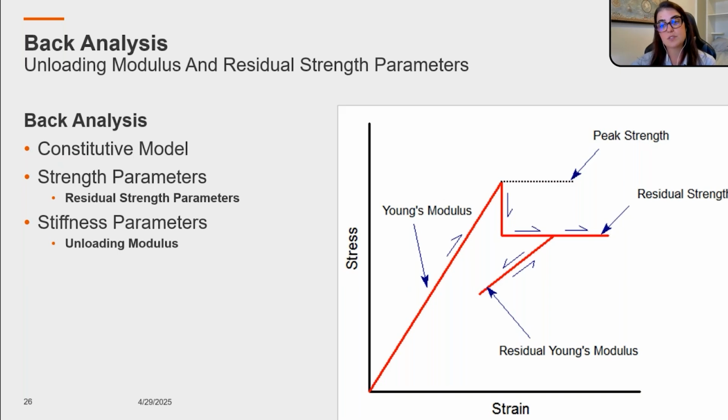The unloading modulus is a key parameter for underground design because we are primarily dealing with soil that's being unloaded as we excavate the tunnel. So modeling the soil with different Young's modulus values for loading and unloading behavior provides a much more realistic representation of how the soil actually responds.